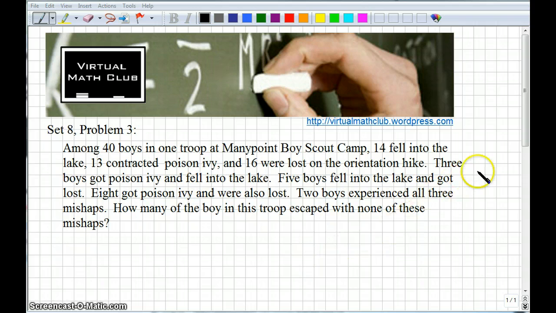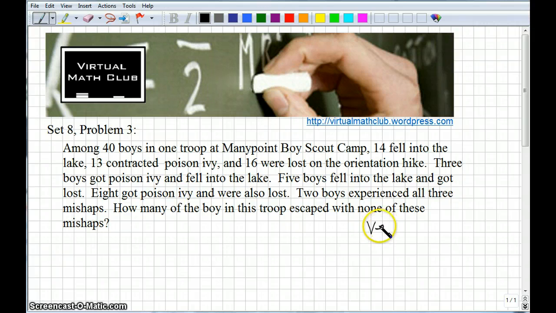All right. Well, these poor guys, they're having a bad time. But my hint to you would be to try using a Venn diagram. Venn is just the name of the guy who invented this technique, and it's very useful.